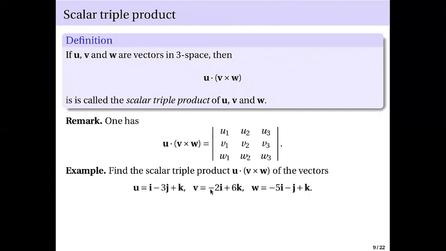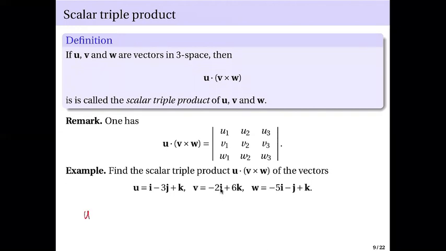Your v is equal to negative 2i plus 6k. Your w is negative 5i minus j plus k. Look at v, there is no j, meaning the coefficient of j is 0, meaning the second component of v is equal to 0. So you have to spot that.